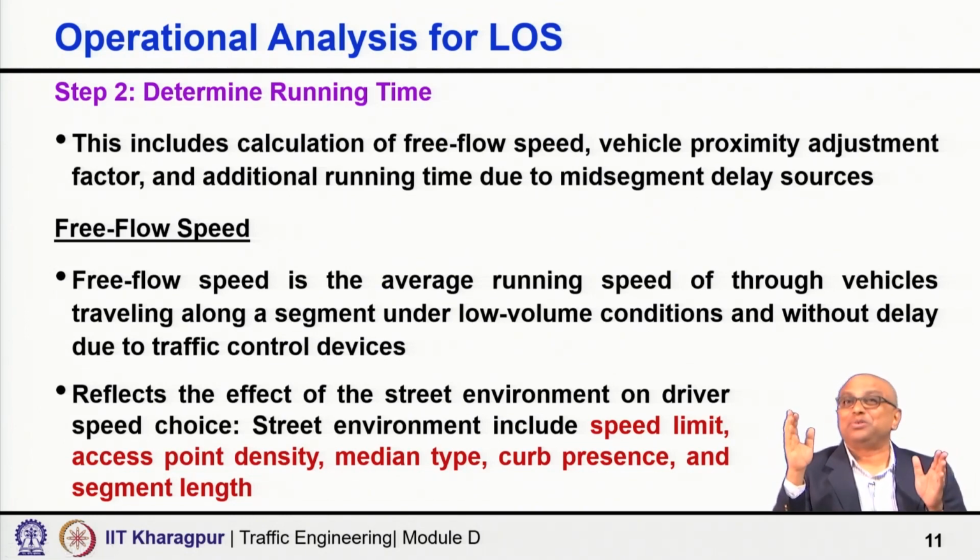Length of the segment also matters for these urban segments, depending on how much the length is. If the segment length is relatively short and the signals are closely spaced, and between the upstream and downstream signal the length is relatively short, then there will be an impact also on the free flow speed. So, free flow speed captures all these effects.